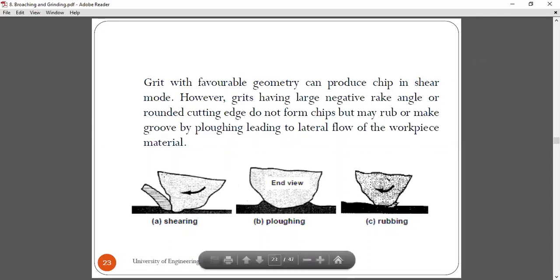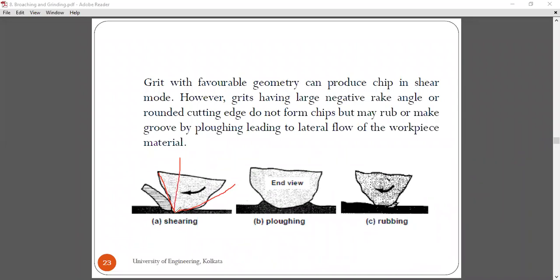So if we have a favorable geometry, this is the geometry I'm talking about. Here, if we consider this as a positive or negative rake angle, even if it has a negative rake angle, some amount of shearing action is possible.